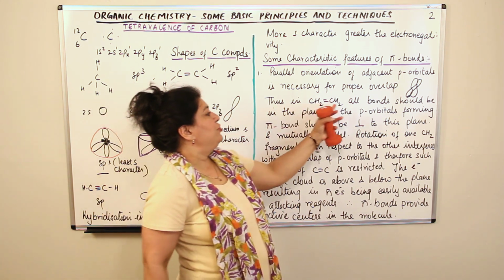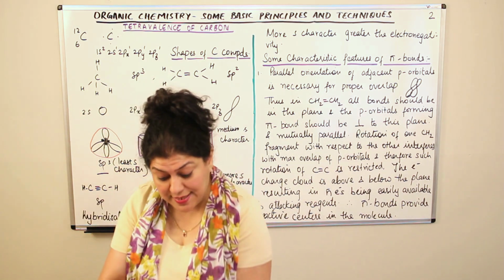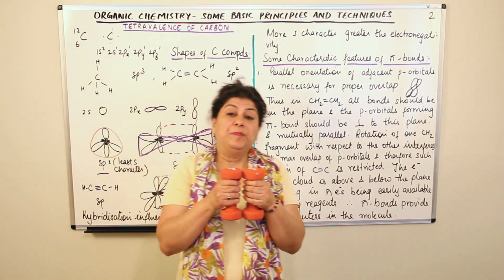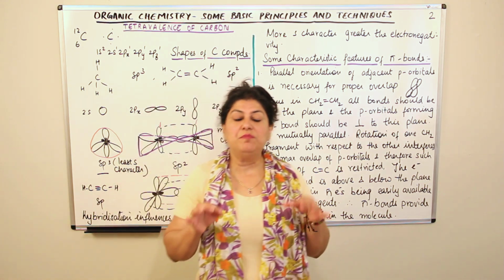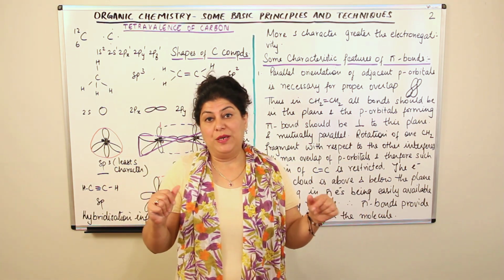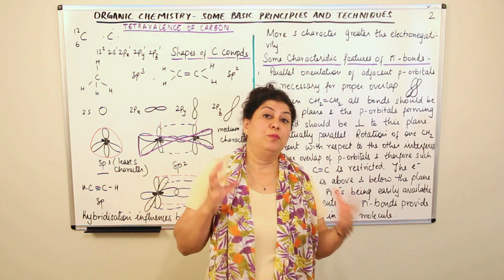Thus, in CH2, all bonds should be in the plane. From the fact that the hybridization took place, the structure would be such that there is minimum repulsion between the electrons, or maximum distance between the bonds.